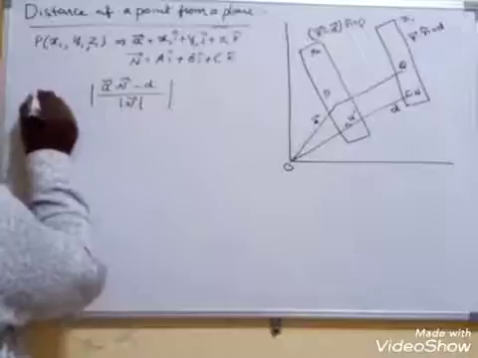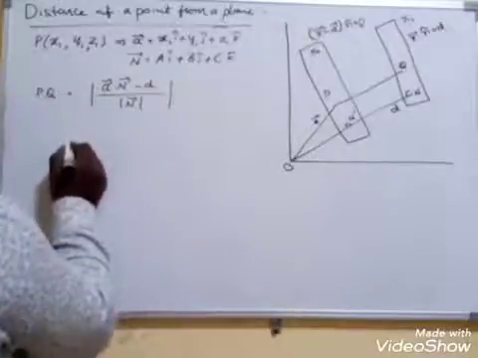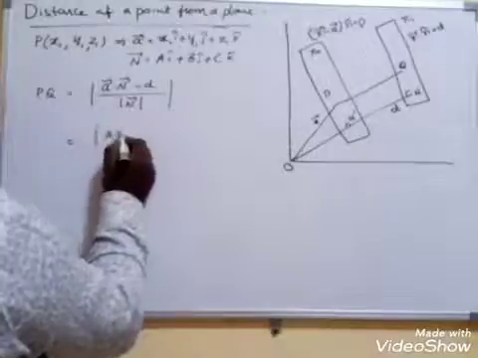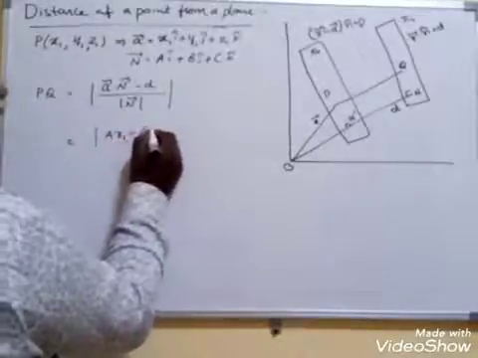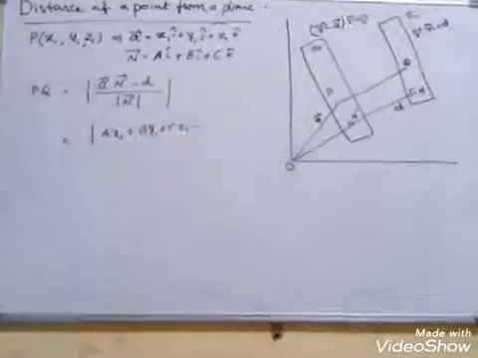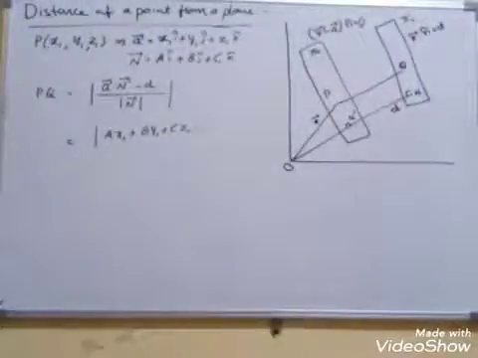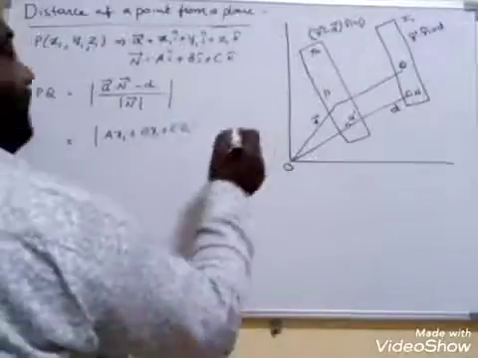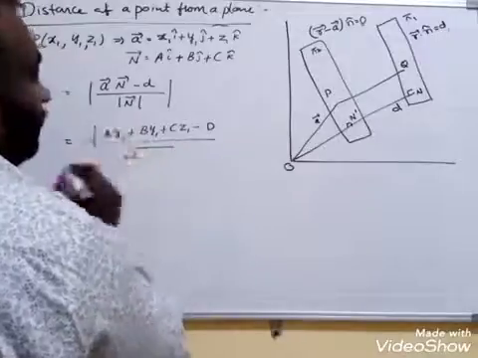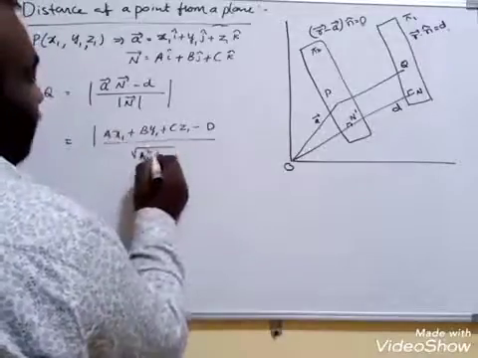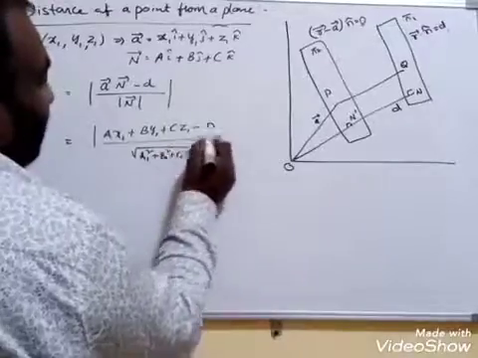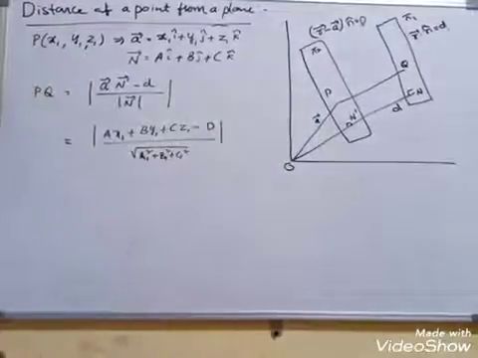Here PQ is equal to, now what are you going to get? a x1 plus b y1 plus c z1 minus d, where d is the constant of the plane equation, by root of a square plus b square plus c square.